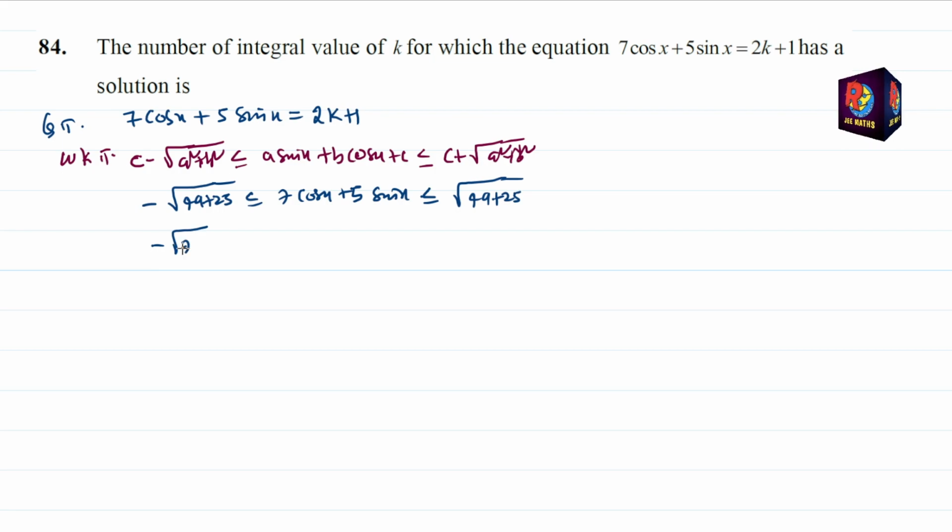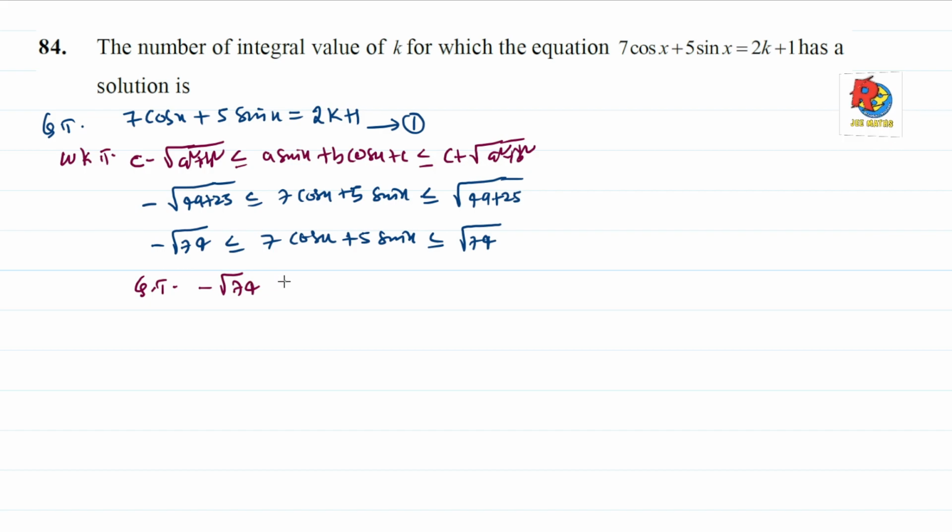So minus root 74 is less than or equal to 7 cos x plus 5 sin x is less than or equal to root 74. Observe that 7 cos x plus 5 sin x equals 2k plus 1 is given, so 2k plus 1 lies between minus root 74 and root 74.